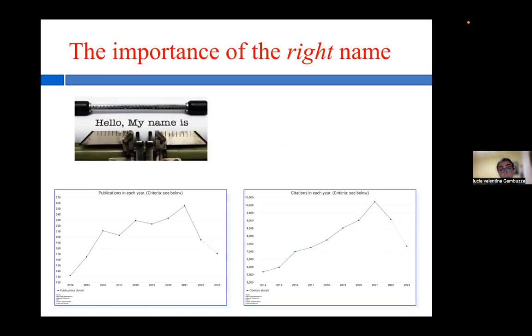So why the term chimera state? This is just to see that it's not only the phenomenon itself that is important, but also how the phenomenon has been called. The term chimera state was a particular name, so it has attracted much interest from people.